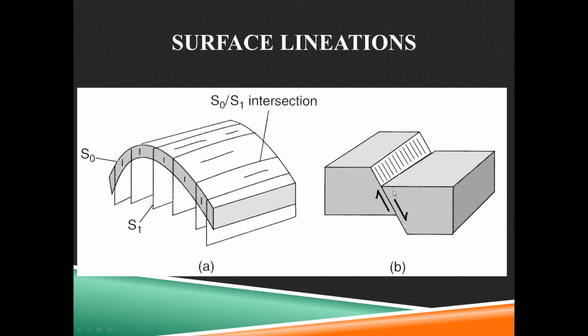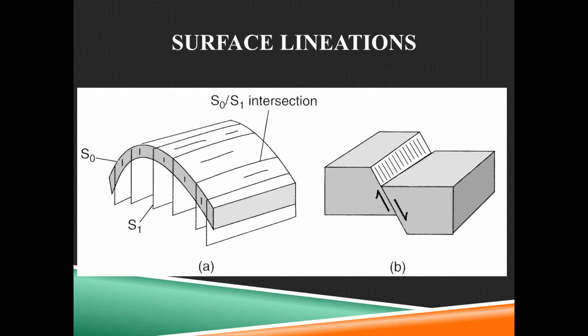We can also get lineations when we have a fault. If we have a fault block drop or thrust upwards, we can get linear features. These lines can show us visually the sense of motion. In this case, the block moved straight down.